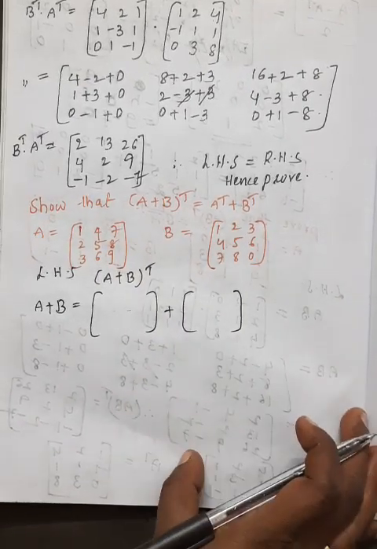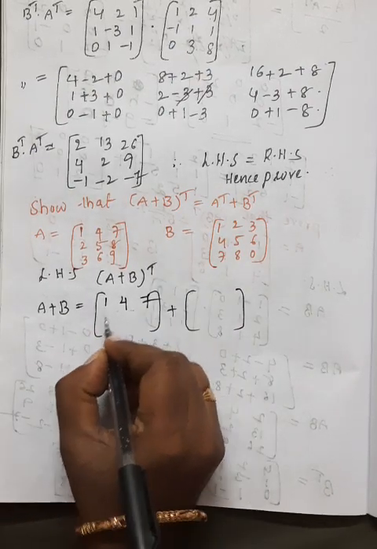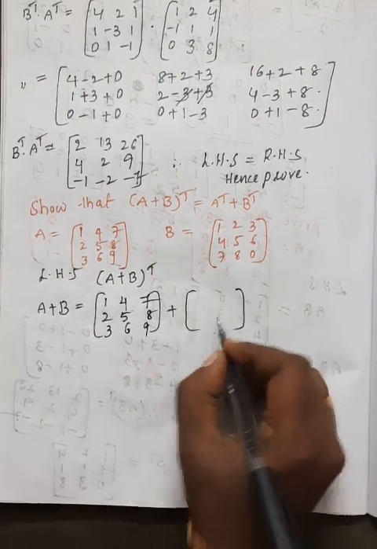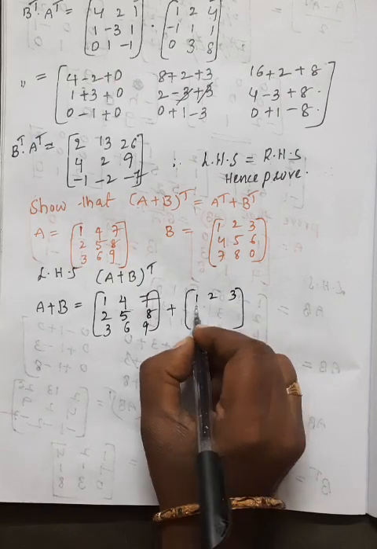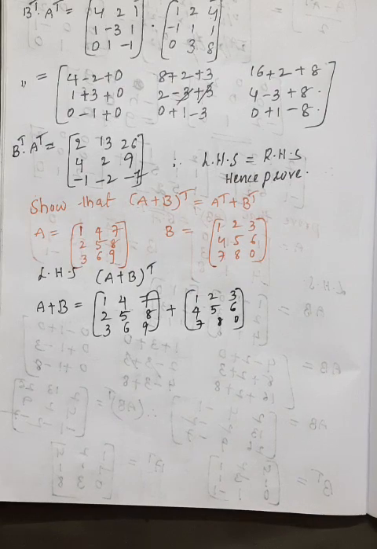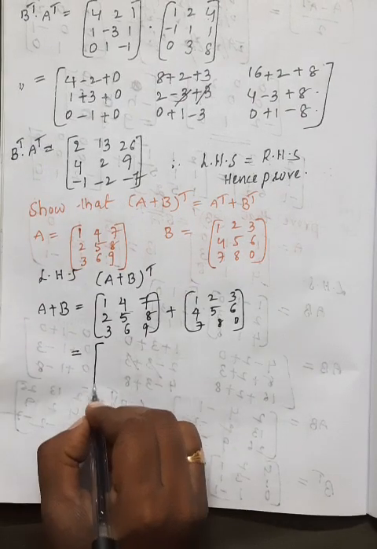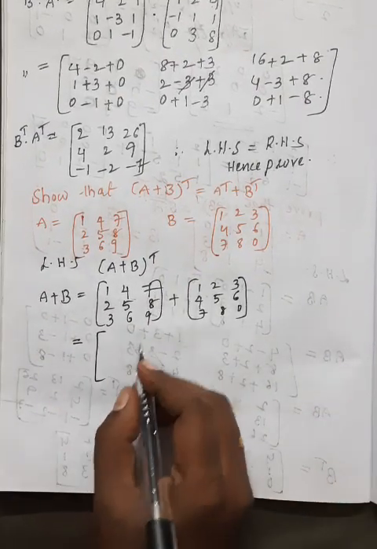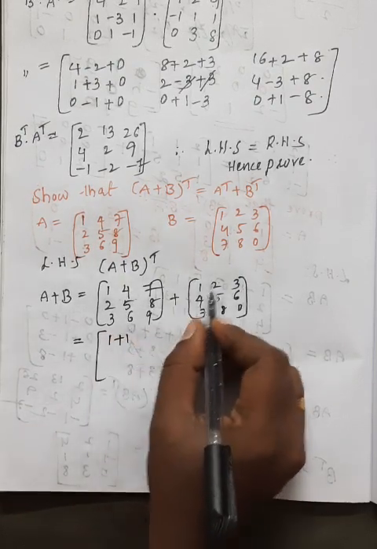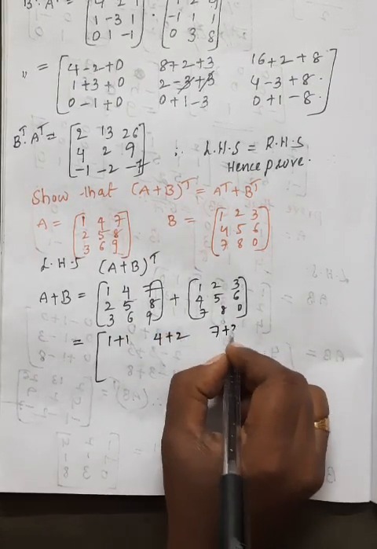simply copy and paste the A and B matrices from the question. 1, 4, 7, 2, 5, 8, 3, 6, 9 and 1, 2, 3, 4, 5, 6, 7, 8, 0. After copying from the question, we have to do addition. I have already told about addition of two matrices. Here 1 is added to 1, so 1 plus 1. 4 is added to 2, 4 plus 2. 7 is added to 3, 7 plus 3.